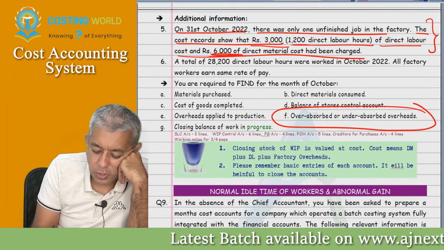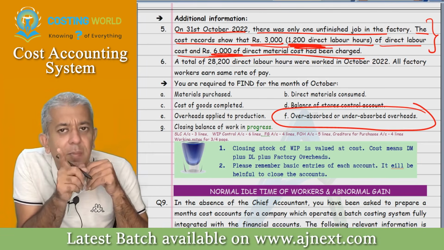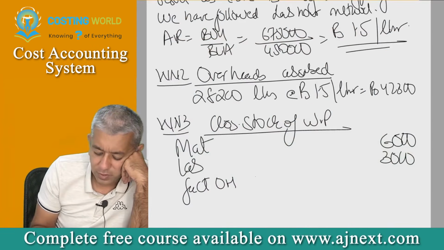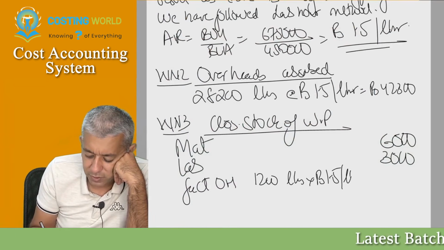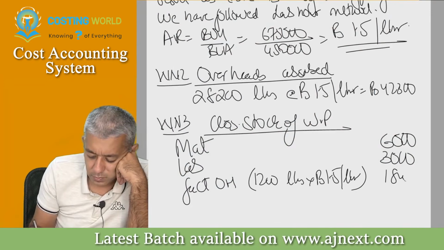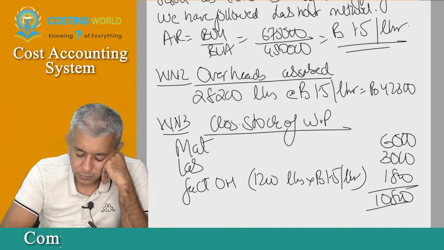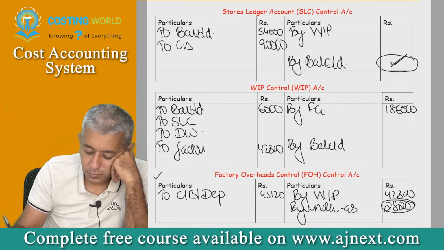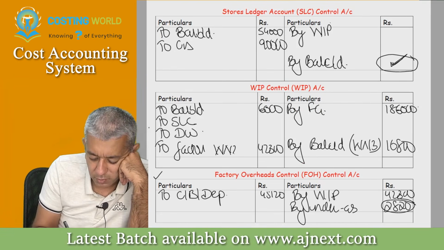Can we say for closing stock of WIP, workers have worked for 1,200 labor hours. For every labor hour, we will charge overheads at what rate? 1.5. So therefore 1,200 labor hours at the rate of 1.5 per labor hour. 10,800. So this figure is 10,800. You can write down working note 3 here. For factory overheads absorbed, you can write down working note 2 over here.